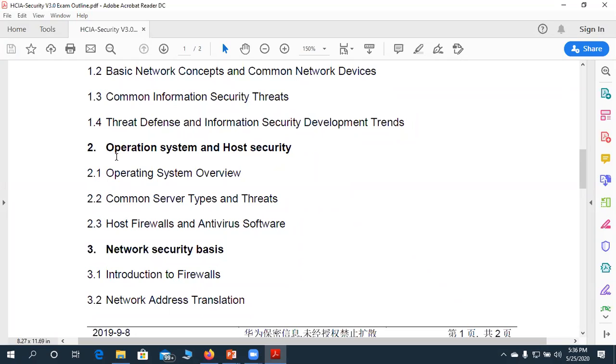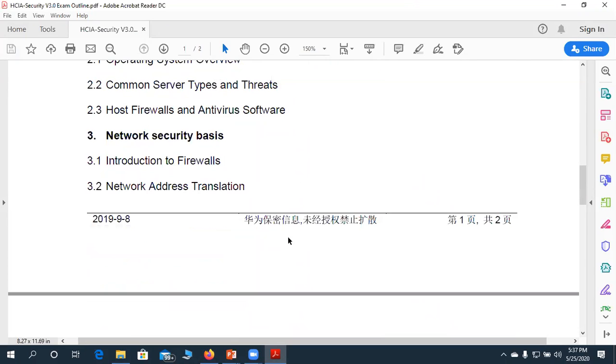Module 2 is operating system and host security. This is where we're going to look at operating system overview, common server threats and types, the host firewalls, and antivirus software. Module 3, we're going to look at introduction to firewalls.